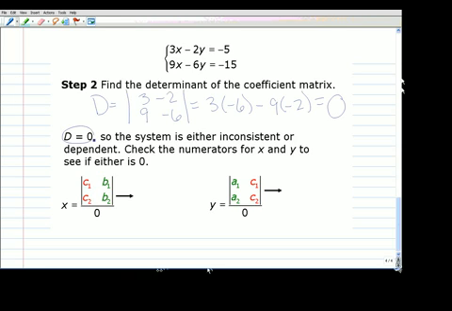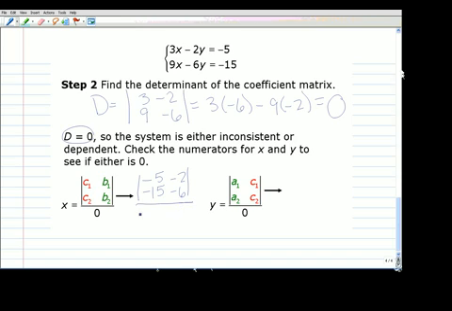So to determine which one, we're going to check the numerators for x and y to see if either is equal to 0. So the constant terms, because we're solving for x, will take the place of the x coefficients in our coefficient matrix. So we'll have -5 and -15. And then we'll leave the y coefficients the same, so we'll have -2 and -6.